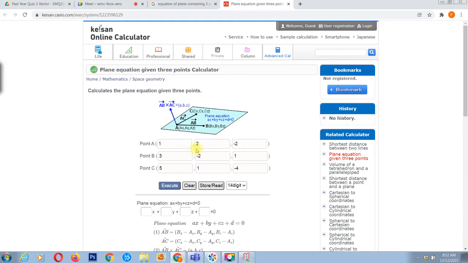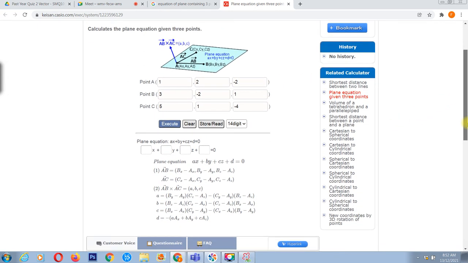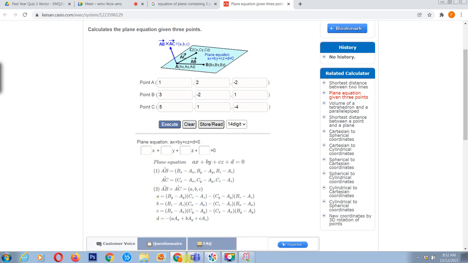Oh, the calculator does it directly. 1, 0, -3, 2, -3, 0, -2, -4, 4, 1, 6. Okay, execute.